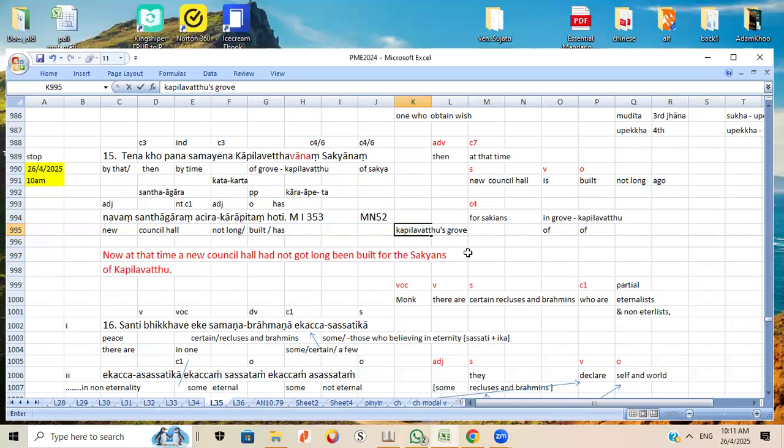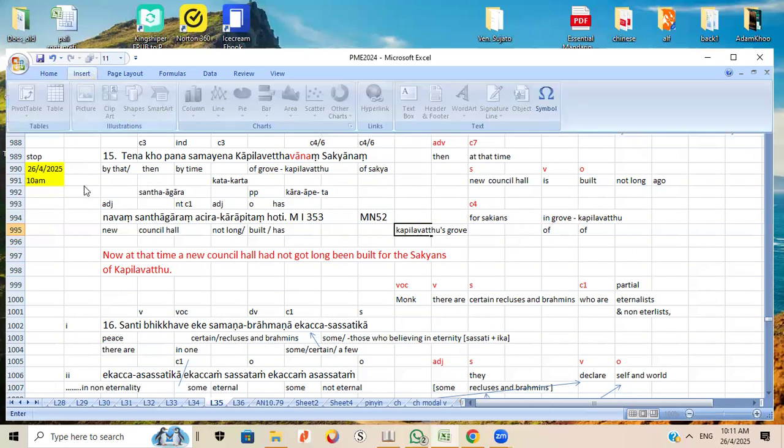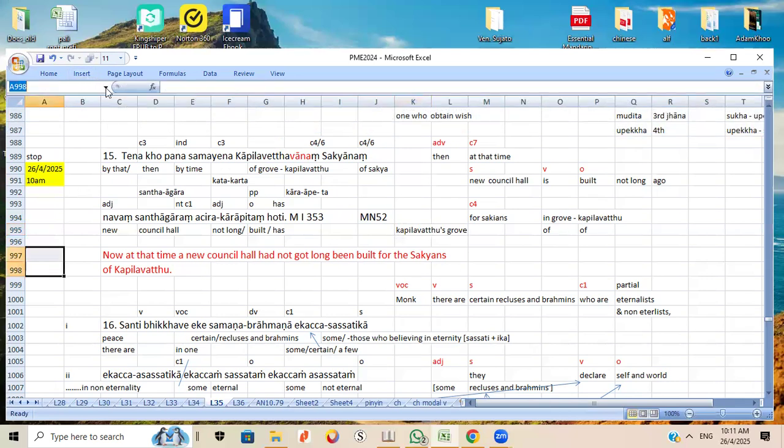So if you take the genitive case Kapilavatthu for the Sakyan, this one is no longer needed. So that is how you should be able to determine which sounds better.